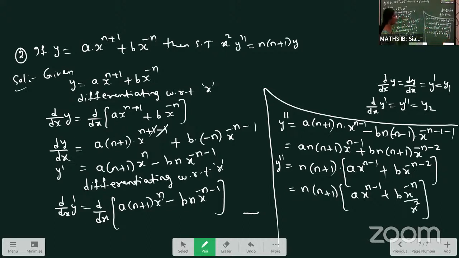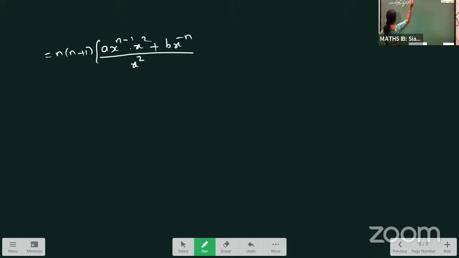Now take the common denominator. x square is the LCM. So here we will get n into n plus 1 as it is, a into x to the power n minus 1, when you take LCM x square, into x square will come, plus b into x to the power minus n.